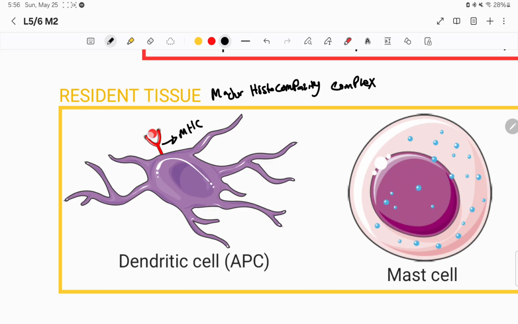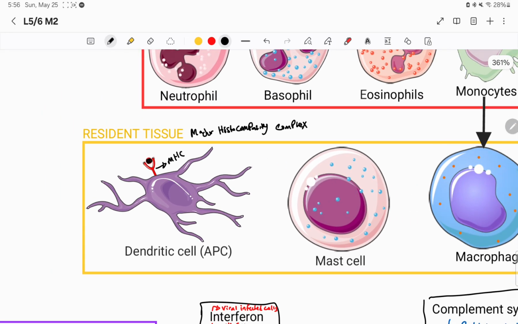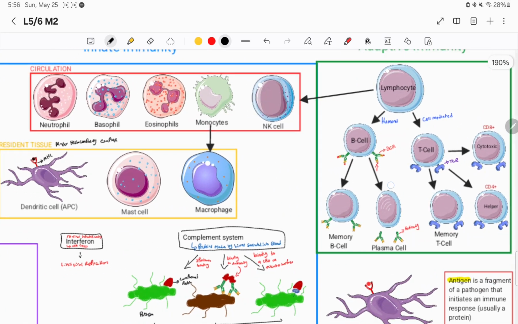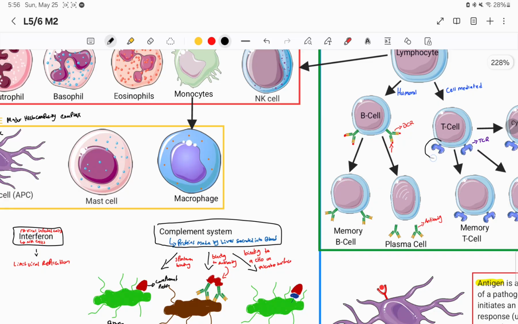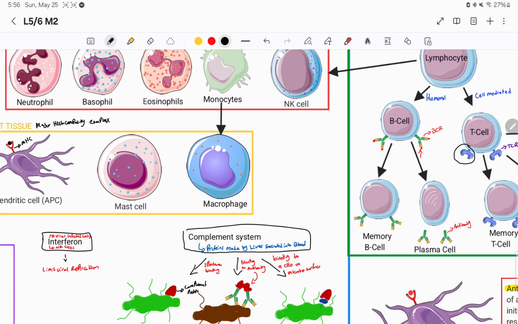Afterwards, it will start traveling to the lymph node, okay? And it'll go from lymph node to lymph node, trying to find a T cell that has a T cell receptor specific to this antigen and this MHC, okay?